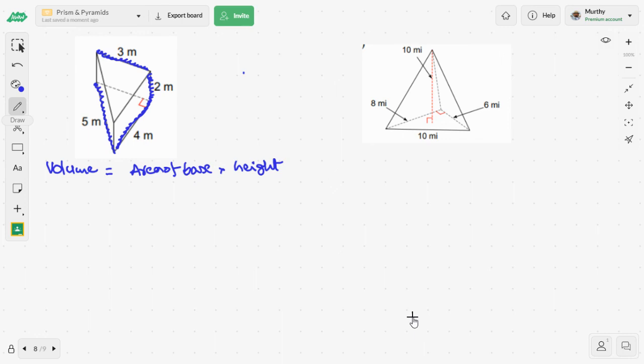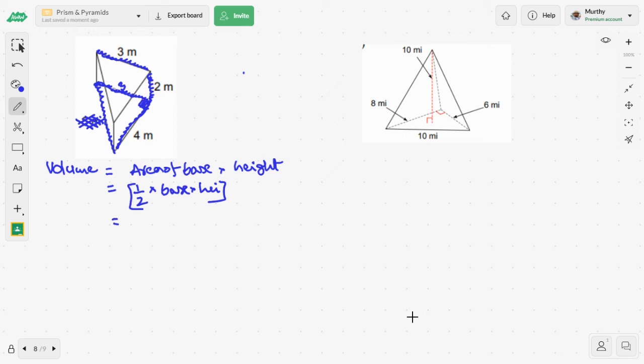So what is the area of base? We know that the base is in the shape of a triangle. If this is 3, obviously this is also going to be 3 because opposite sides are equal. Therefore there's nothing to do with this 5. It is extra information in order to mislead you. While computing the area of a triangle, it is half times base times height.